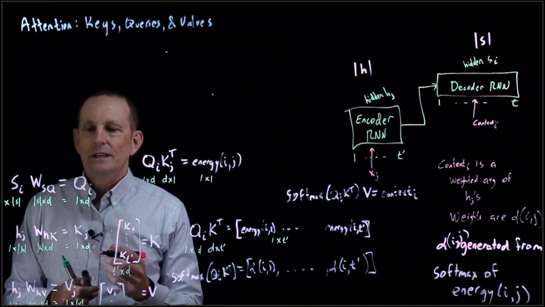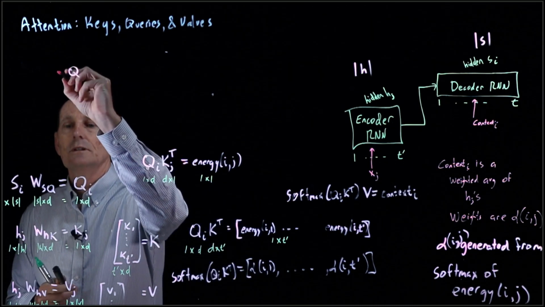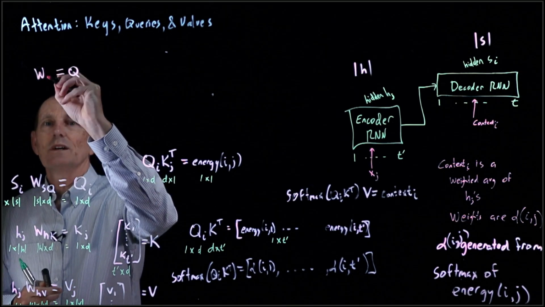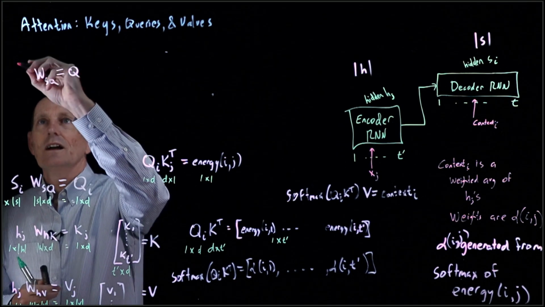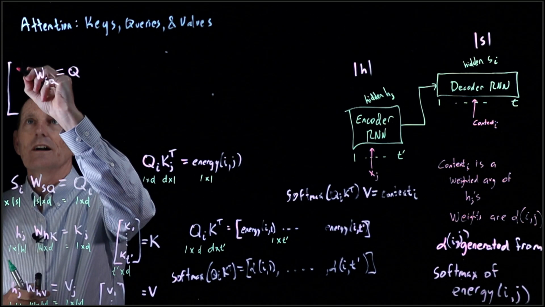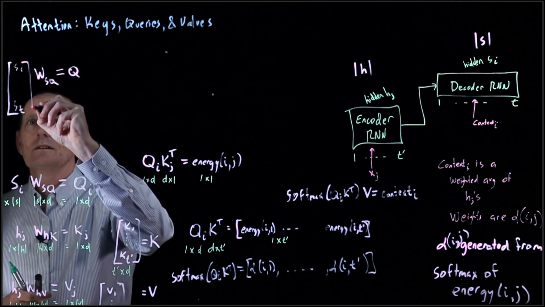So what would we need to do? We would calculate Q. So Q is going to equal W_SQ, and we'll just multiply by all of our S sub i's, S sub 1 all the way to S sub t.